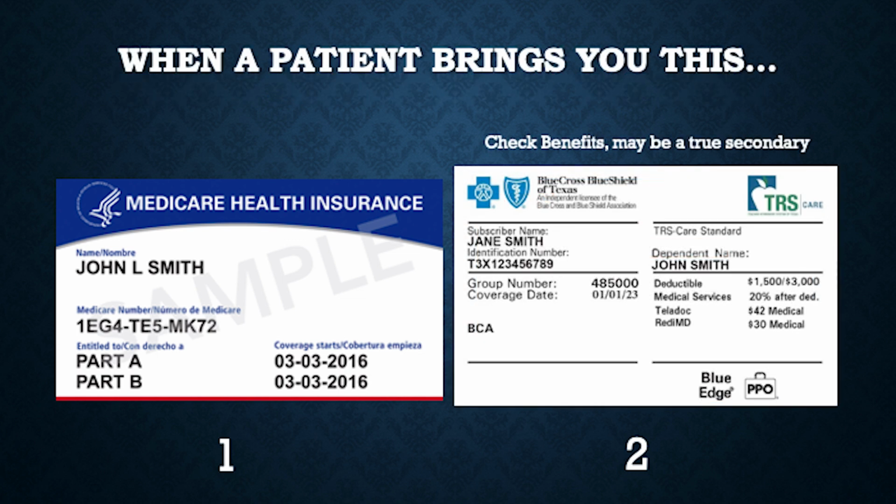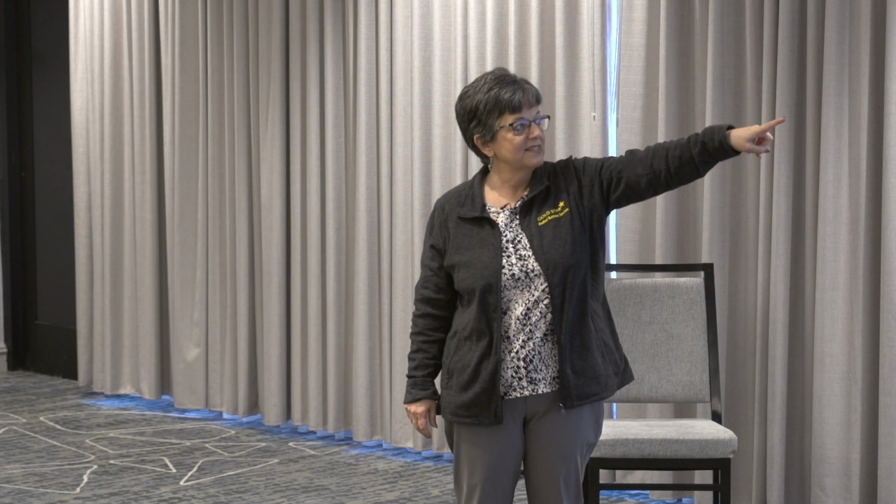This is a Medicare and a true secondary. How's it profiled? Medicare and a true secondary. Red, white, and blue is primary, and then the true secondary is profiled as the secondary. Okay?